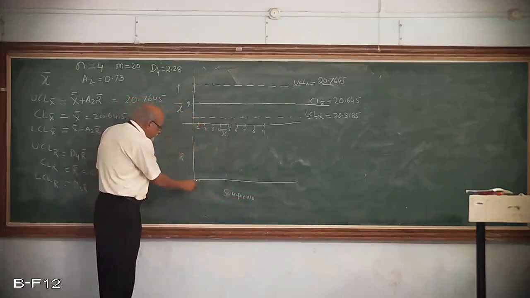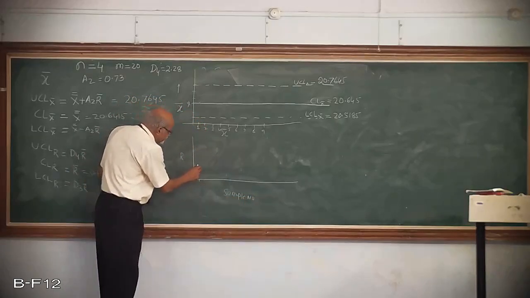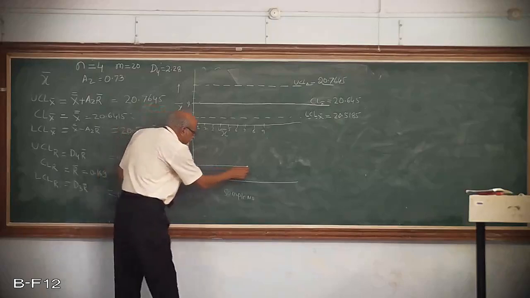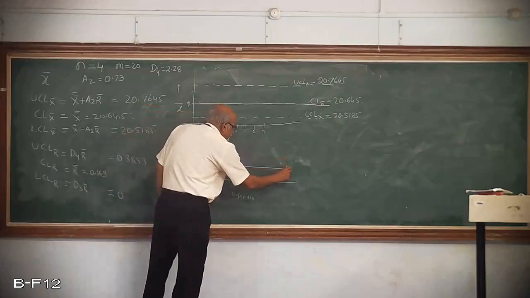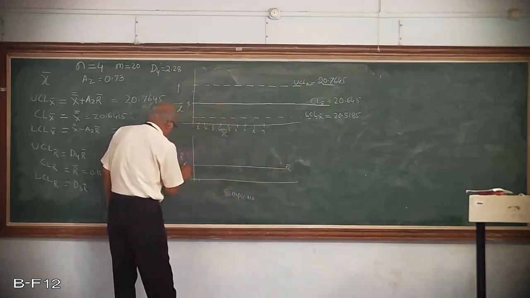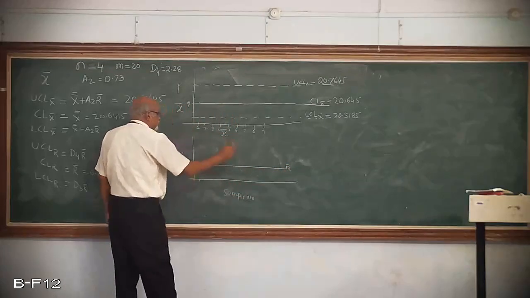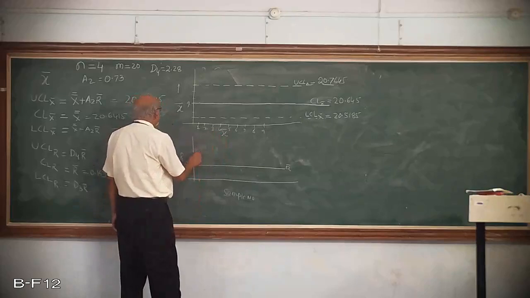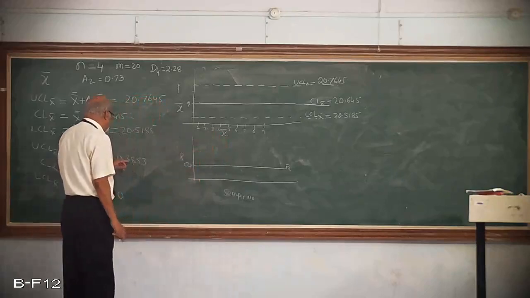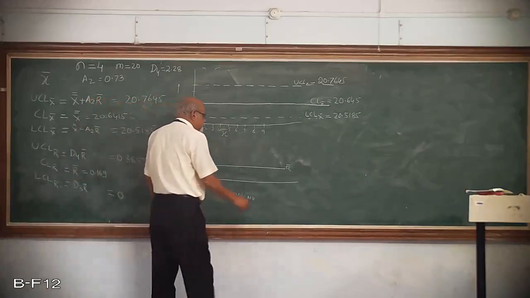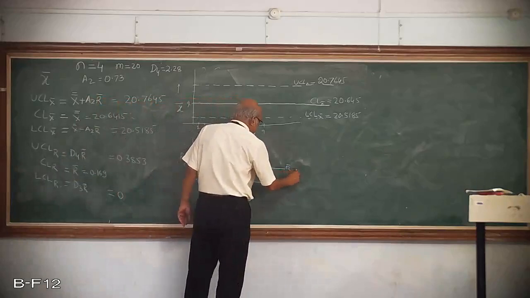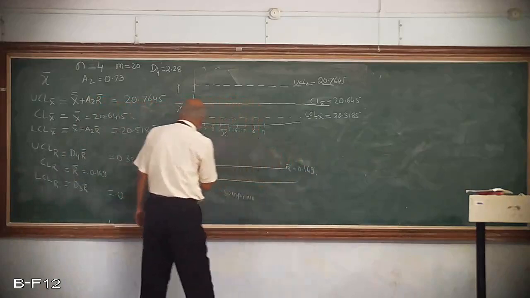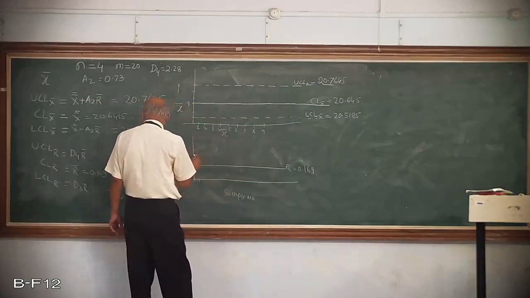If I represent here, I will get the central line R bar, which is going to be the solid line. That is the central line of R chart. And the upper control limit here is 0.3853 and the central line is 0.169. This is 0.169. And the upper control limit is 0.3853.